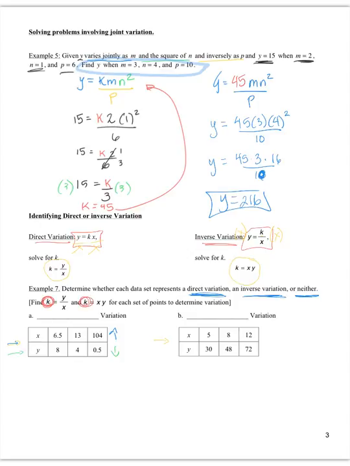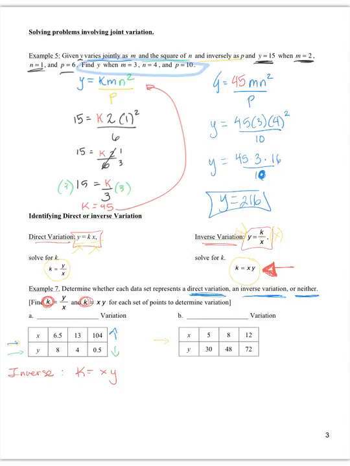So we actually have to find k. We think it's inverse. So if it's inverse variation, we need to see if this is true for all x and y pairs. Is that k constant? So for inverse variation, k equals xy.